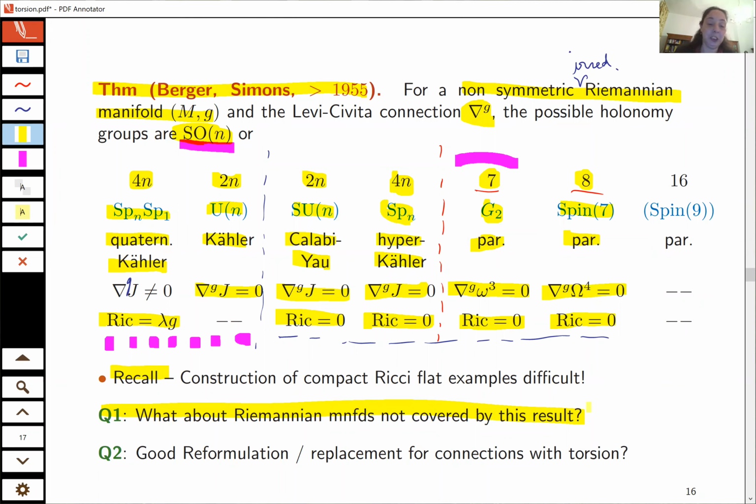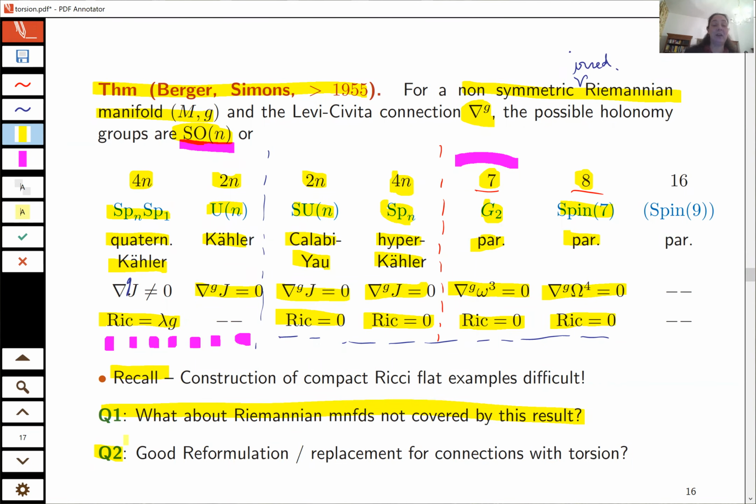Question 2. Okay, so I kept saying that this cannot be generalized, or this is not in an obvious way possible in situations for connections with torsion, because, for example, I cannot restrict my attention to irreducible representations, because in general, I will have reducible holonomy representations on irreducible manifolds.